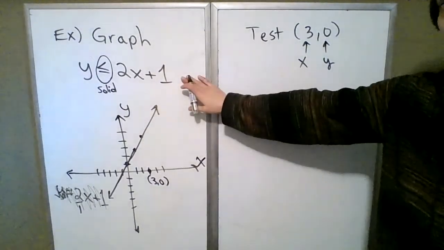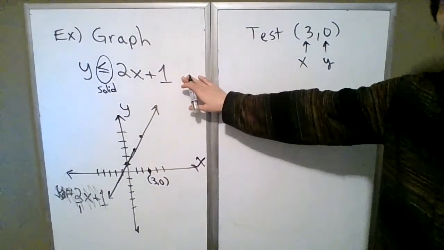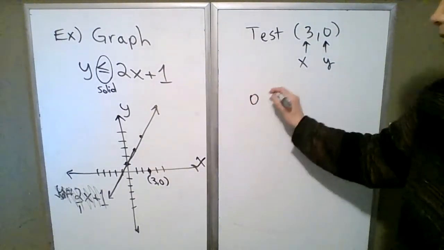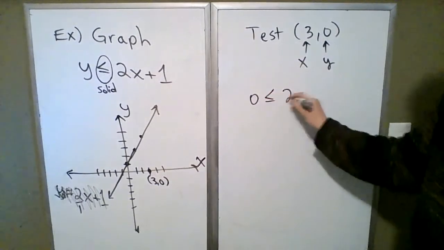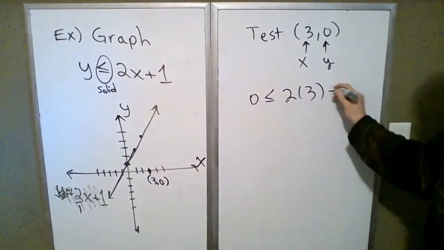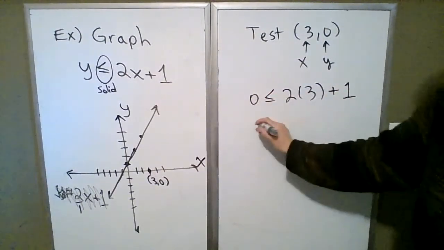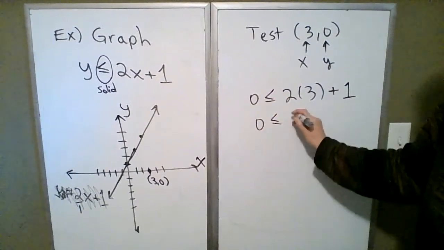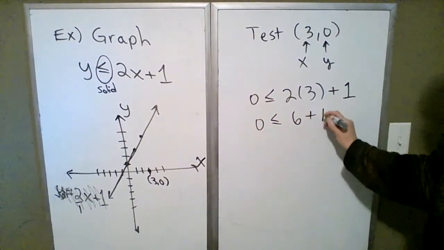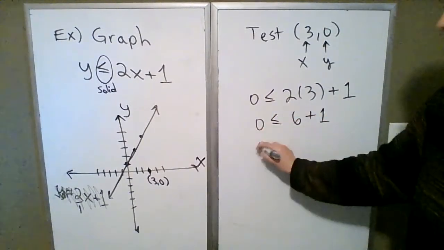So again, back to that original sign, and your value y is going to be 0. Is that less than or equal to 2 times 3 plus 1? 0 less than or equal to 6 plus 1. Yes. 0 is less than or equal to 7.